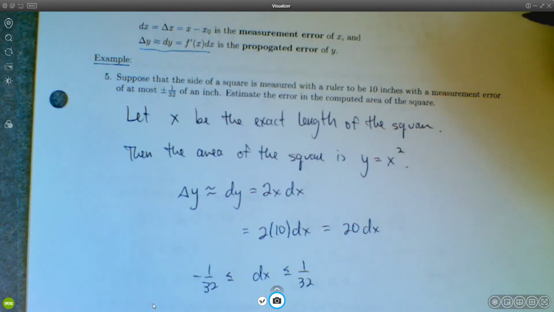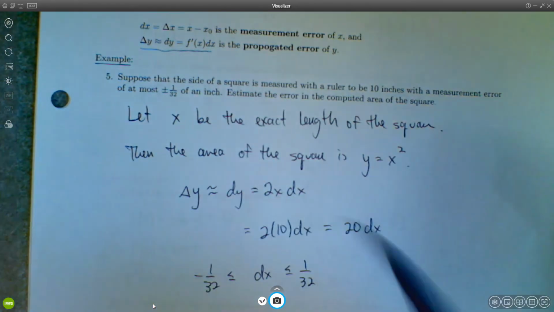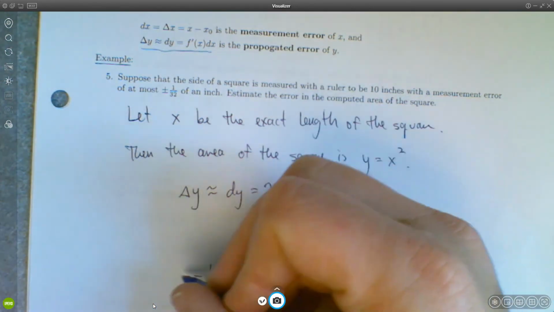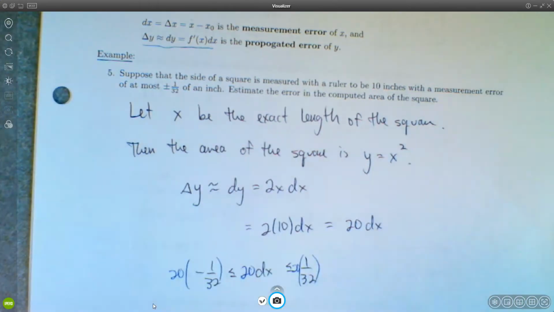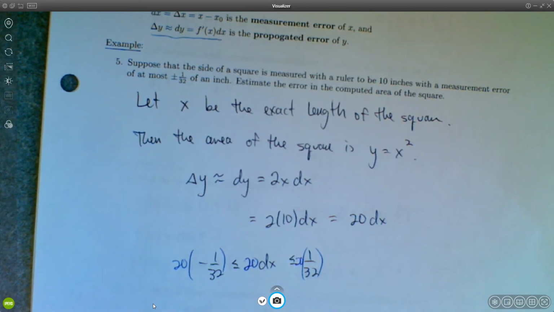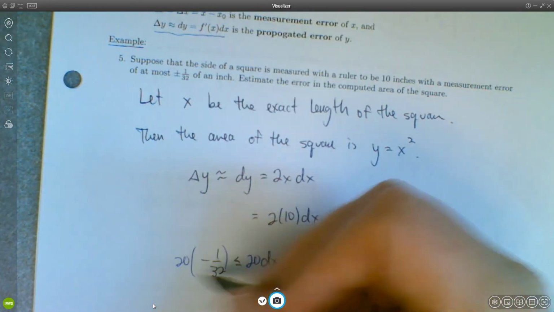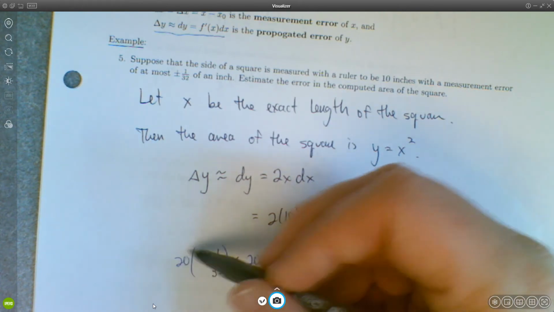And if that's true, then we can multiply through by 20, and that reduces by 4, so we'd have 5/8.